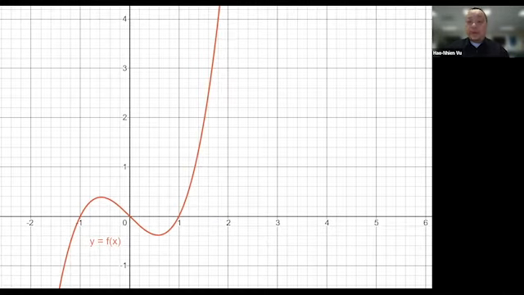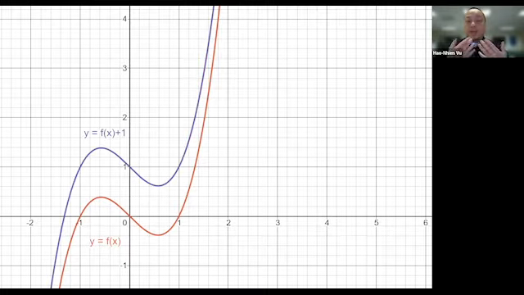On the other hand, if I want to take this graph and shift it straight up or down, so a vertical shift or vertical translation, then I add to the end of the function. So instead of y equals f of x, if I want to shift up by 1, I write it as y equals f of x plus 1. And I get this graph, y equals f of x plus 1.